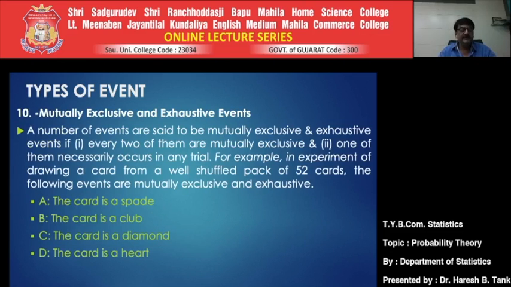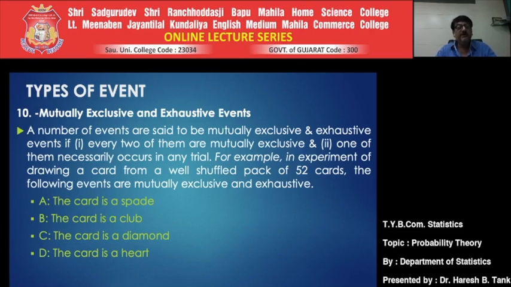Type of events: mutually exclusive and exhaustive events. I am trying to explain it with some examples that will give you a clear idea about the terms.